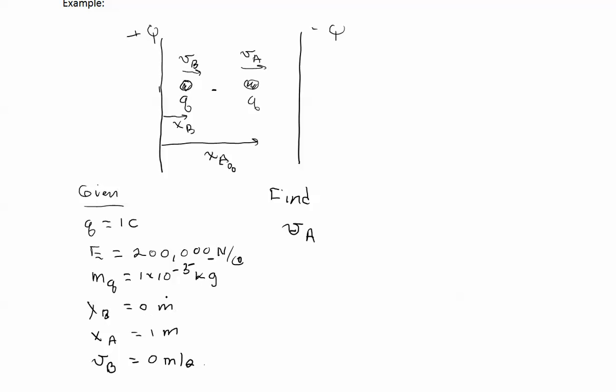And we'll start the initial position, x of b, before I release it, at 0 meters. And I want to find it when it reaches 1 meter. And since I'm going to release it from rest, I'll have the initial velocity, or the velocity before, to be 0 meters per second. So I'm interested in finding the final velocity, or the velocity at point A.